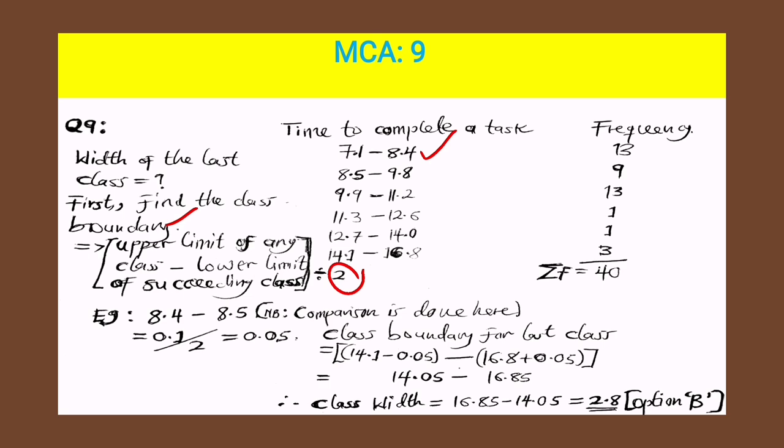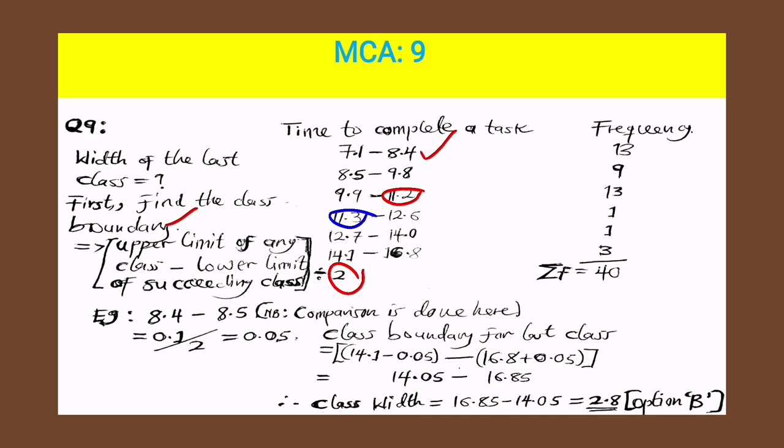So I just compared 11.2 to match up with the next succeeding class's 11.3, and then when I take the difference, I divide by what?